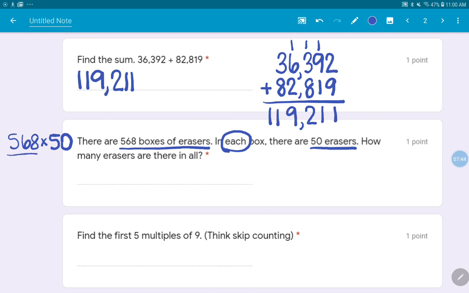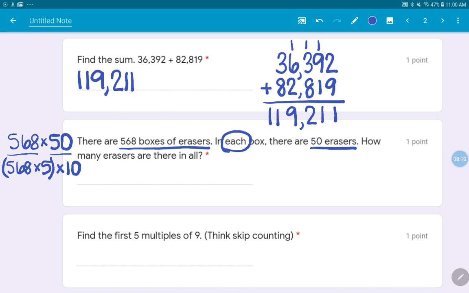So we know 568 times 50 is the same as, we can do 568 times 5. And then we can multiply that answer times 10 to take care of that 0 at the end. We worked on that right before Thanksgiving break.